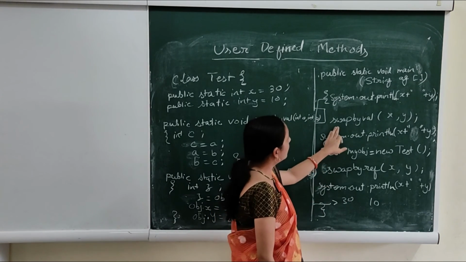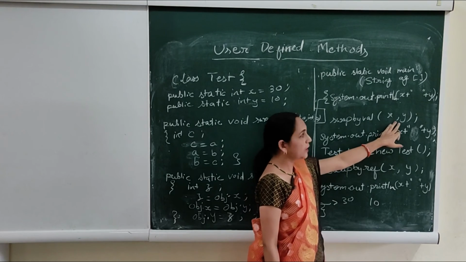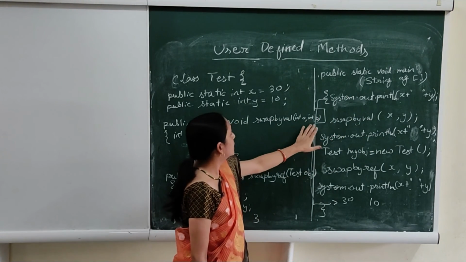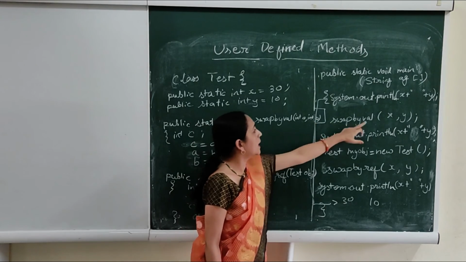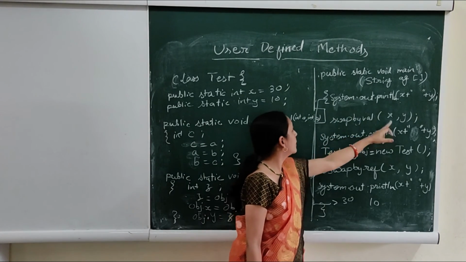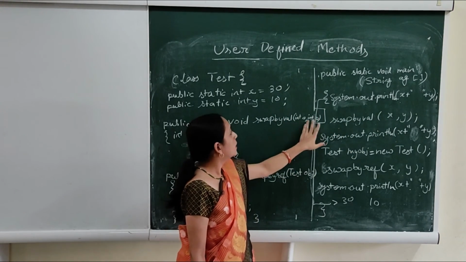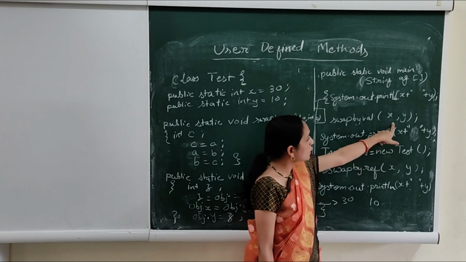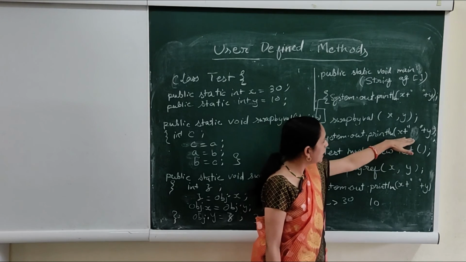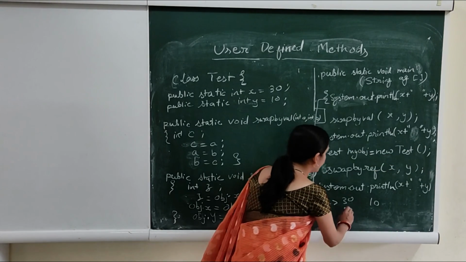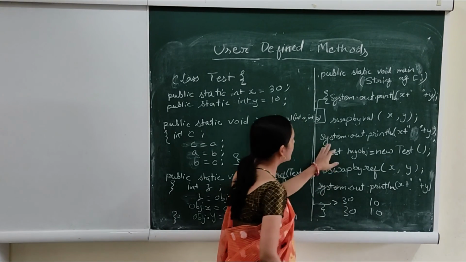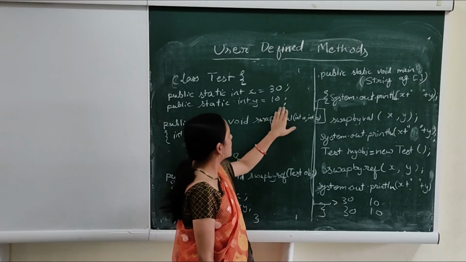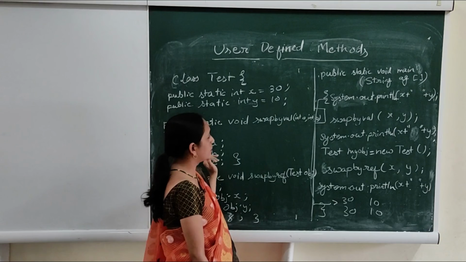Then we call the function swap by val, but here its copy will be copied into A. X will be copied into A, Y will be copied into B. So the changes will happen in A and B, not in X and Y. After execution of this function, we print again, and the output will be the same, because no change is happening in the actual arguments. The changes are happening in A and B, which are the copies.